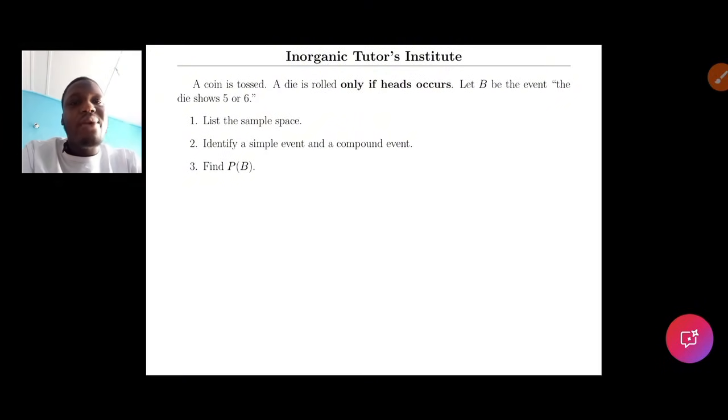Okay, so a coin is tossed. So we are certain you definitely toss a coin. But for you to roll a die, you have to get a head from the coin that you tossed. So if you toss the coin and you are unfortunate and you get a tail, then you don't roll the die, you just leave.